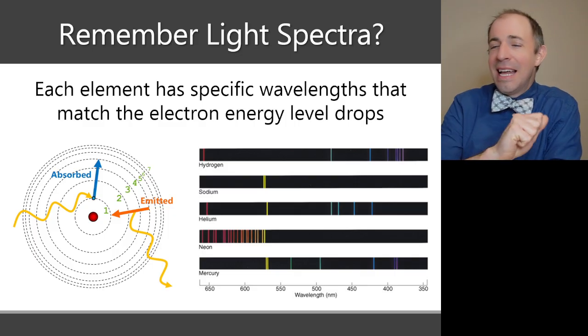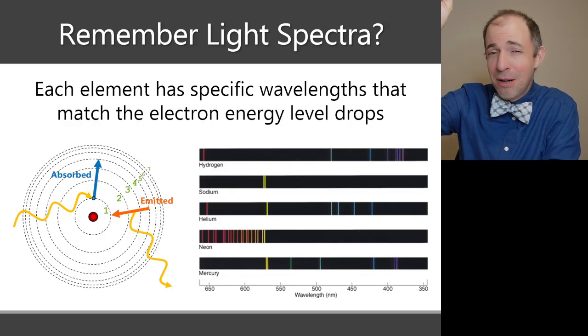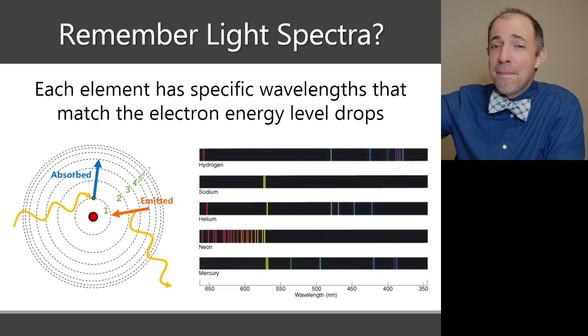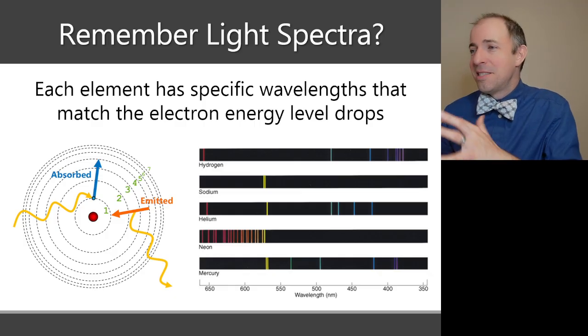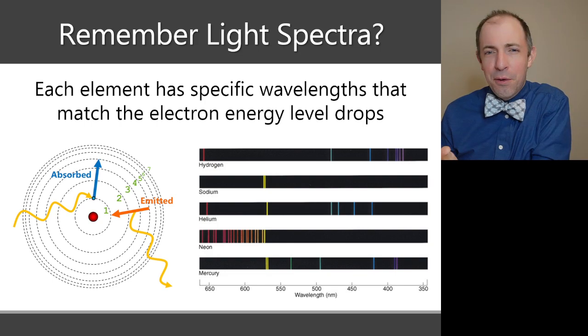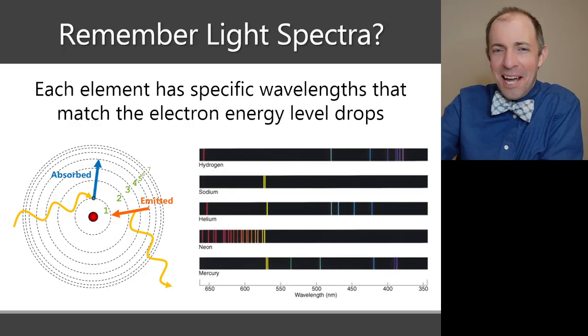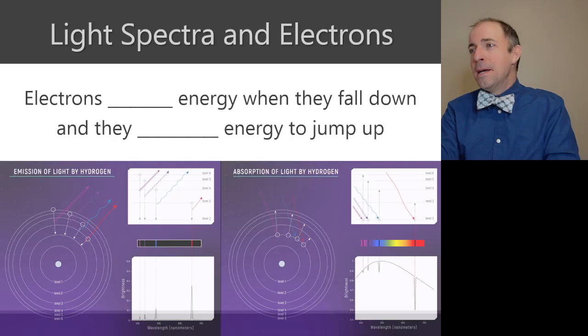As you remember, light can be absorbed and cause electrons to move up in their energy level, or light can be emitted when an electron falls back down. And the result is different elements have different energy level transitions to cause different wavelengths of light, creating these fingerprints of light that help us identify different elements.